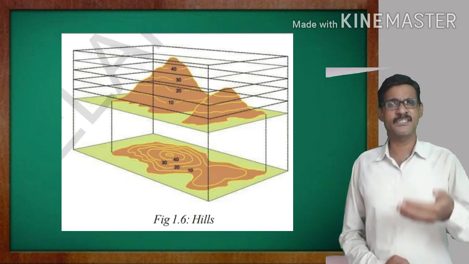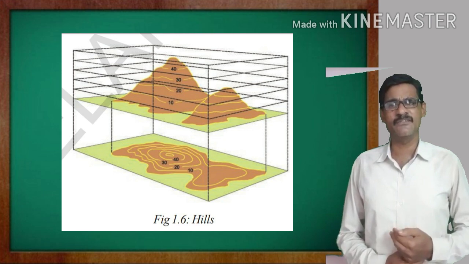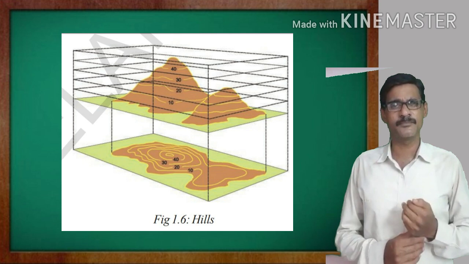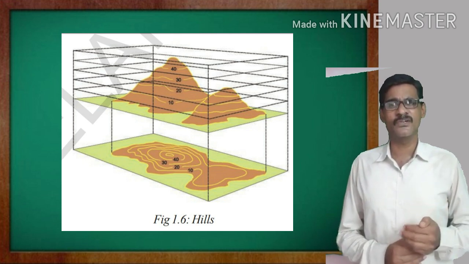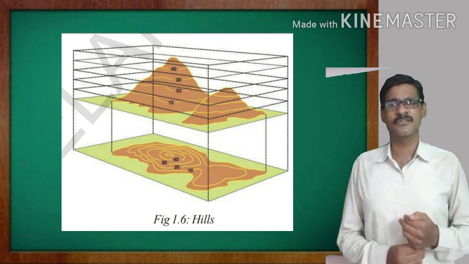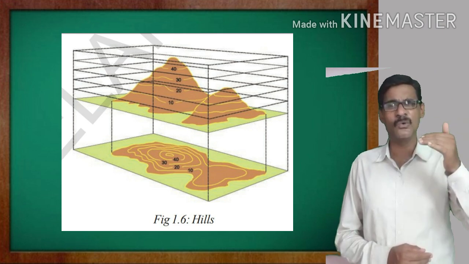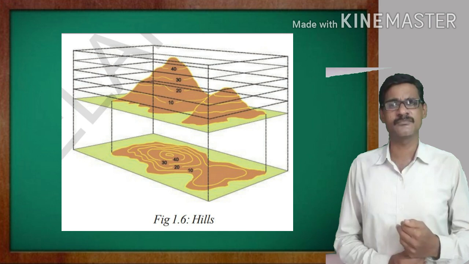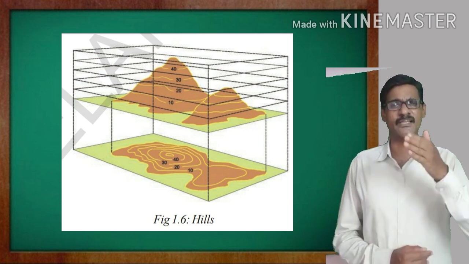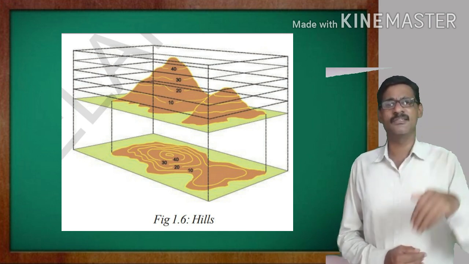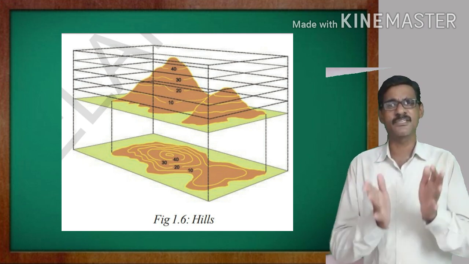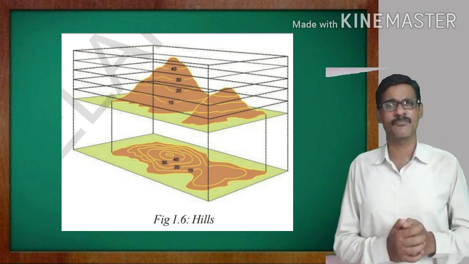Representation of relief features on the map. Already we have completed contour lines in the previous class. You know the contour lines. What is relief? The high and low lands on the earth's surface are relief. The valleys, the mountains, the plains, etc. are the different types of landforms.